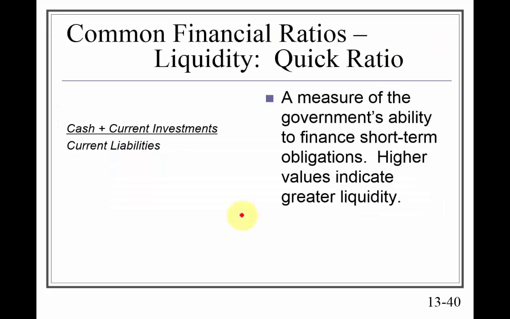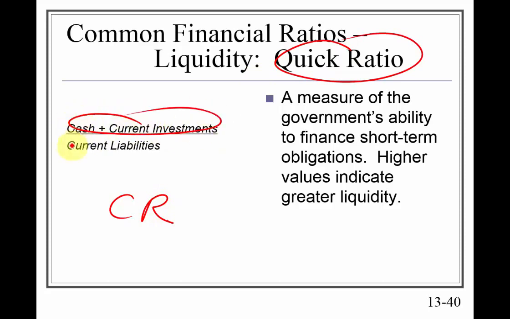So there's different types of ratios. Certain ones are based upon trying to analyze the liquidity, the short-term debt paying ability of the organization. So just like you've seen for regular businesses, you have something called current ratio or quick ratio, where you're looking at the current assets divided by the current liabilities.